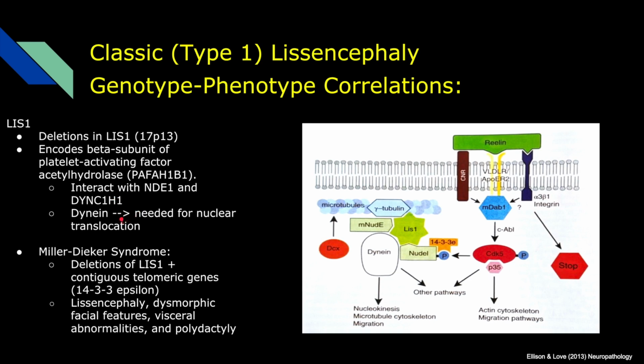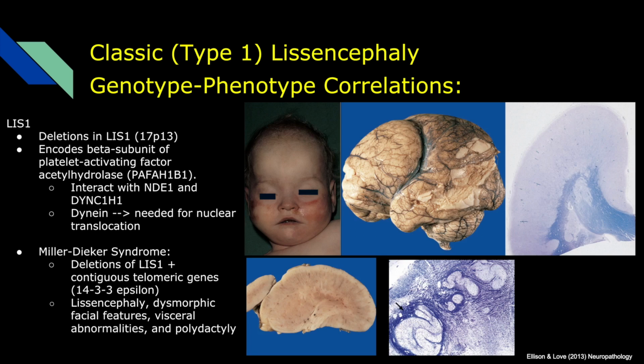And you can see that you get a similar picture with mutations in some of the dynein genes. Again, Miller-Dieker syndrome is just LIS1 plus, where you have loss of contiguous telomeric genes such as 14-3-3 epsilon, and leads to this sequence of dysmorphisms that we'll see.